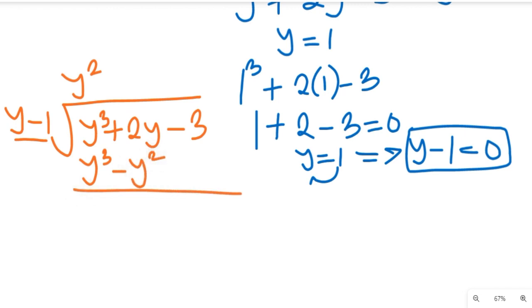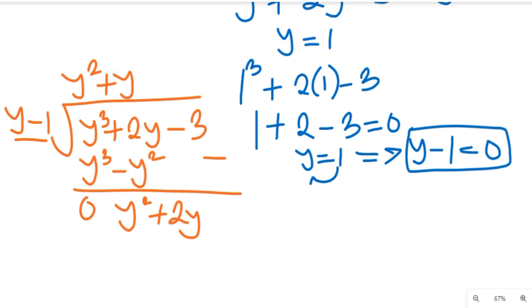So we're going to subtract this. This will give us 0. And minus times minus will give us plus, that's y squared plus 2y. So y divided by y squared will give us plus y, right?